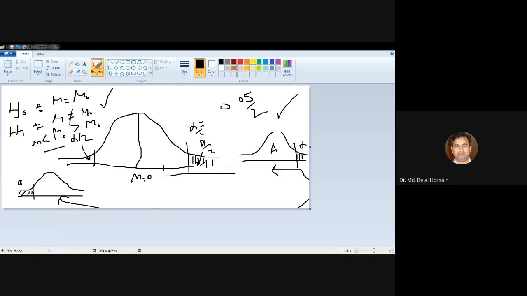We'll learn later, but this is the idea of whether you will use a one-tail test or a two-tail test. Do not forget to notice that it is the alternative hypothesis that determines your type of test, one-tail or two-tail. Whether you go for a two-tail test or a one-tail test, you will judge based on the problem, looking at your alternative hypothesis. Do you have any question?